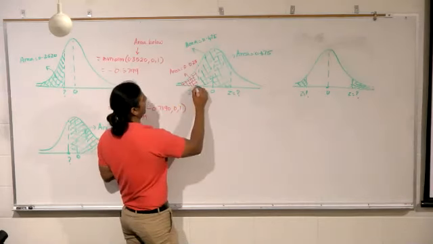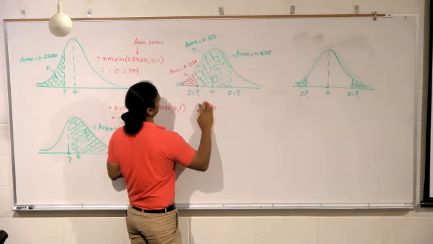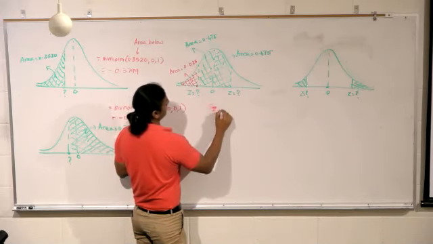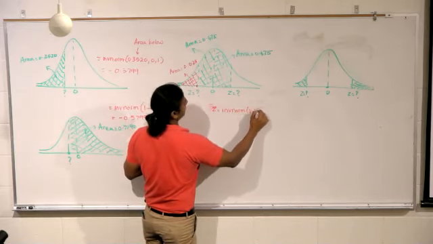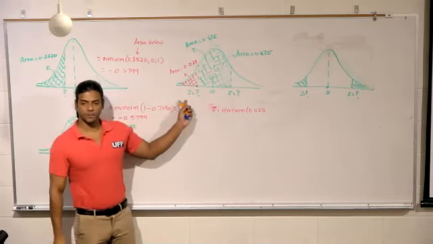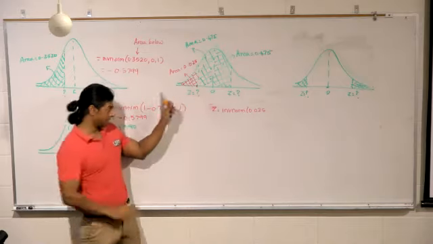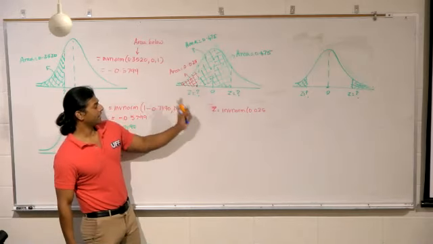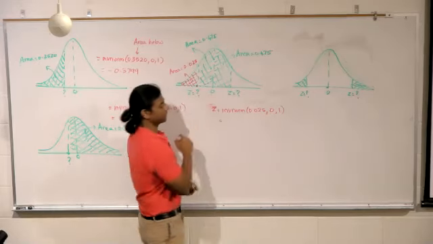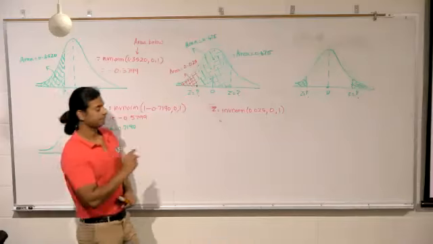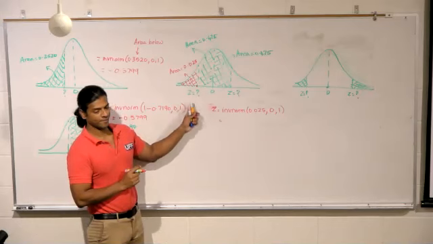So the area below is 0.025. I'm not using the right-hand side at all, and there is a reason for that. The area below is 0.025, 0, 1, and what do we get? Negative 1.96, from below 0.